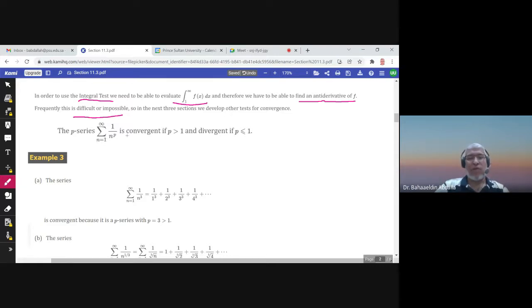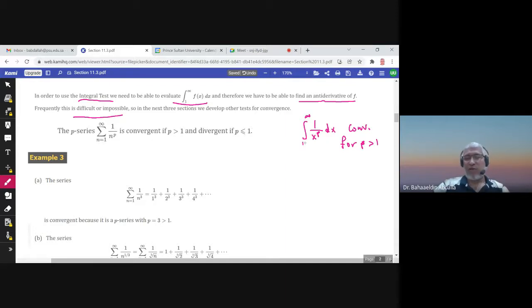Now, we have taken in section 7.8 the integral of 1 over x to the power p from 1 to infinity dx. This integral converges for p greater than 1 and diverges for p less than or equal to 1.